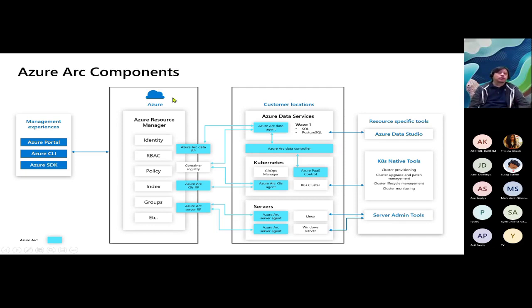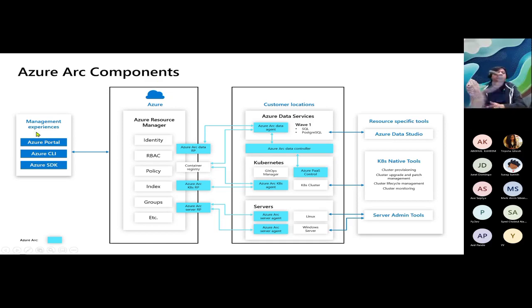So the only thing that you see is, when you need to do the governance or administration or check the compliance, you use the existing tools that you already have.